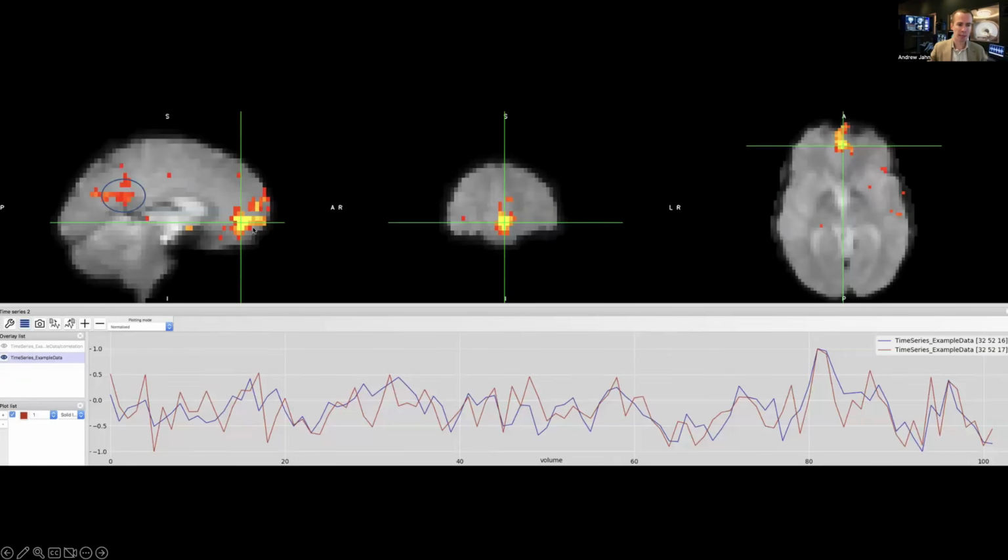So for example, if we take the time course where my crosshairs are right here in a functional brain image, and we look at the overall time series, which is plotted in blue, and then we look at some other distinct region of the brain and plot that in red, you can see that it's not a perfect correlation, but the correlation's pretty high.